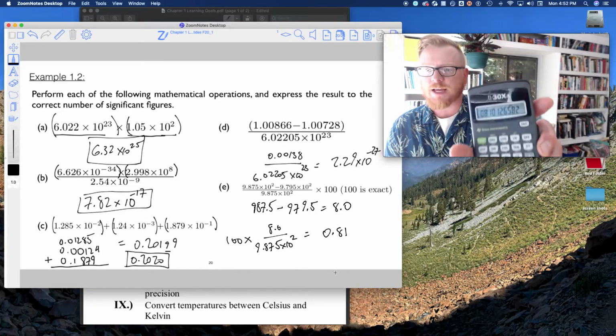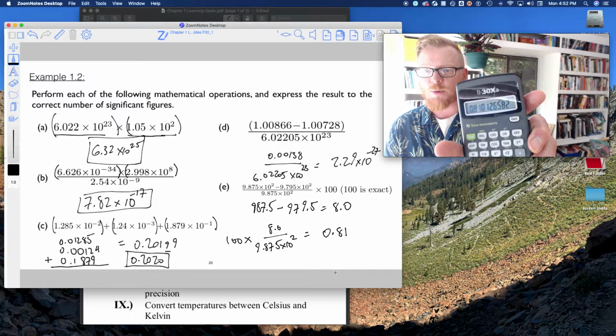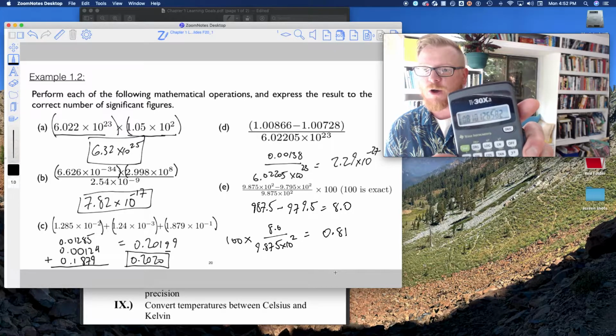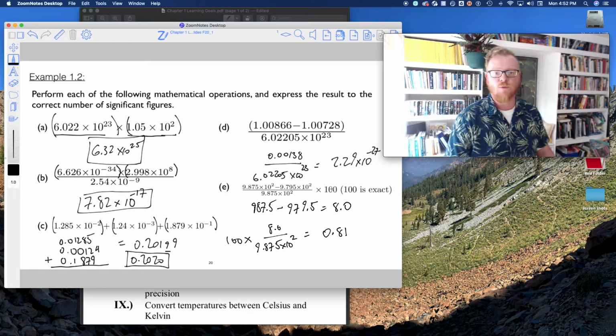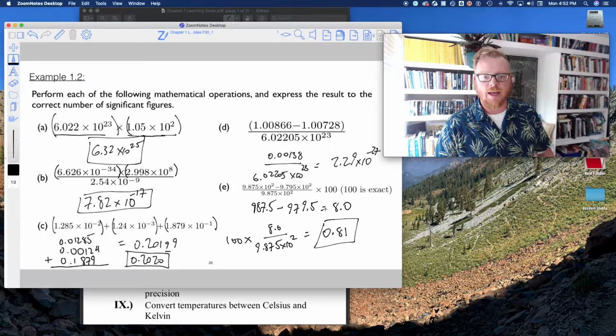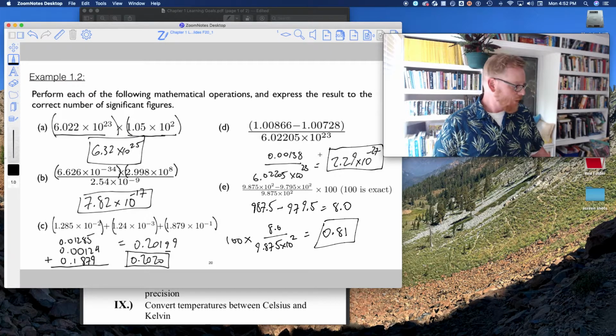This is what my calculator says, and you can see it's 0.810, but that 0 is not going to influence the 1 to get rounded up. So that's the answer there, and this is the answer here. Okay? So those are some pretty good examples.